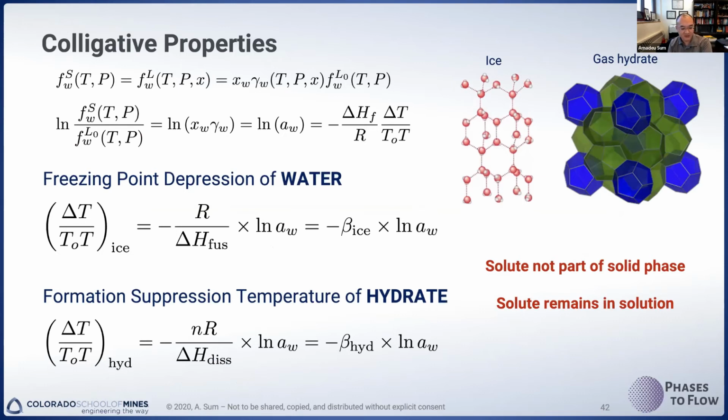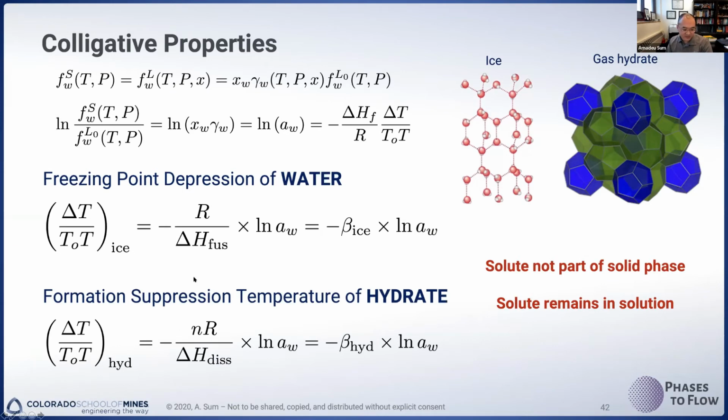This is classical thermodynamics, and this is what we do to account for the freezing point depression of water. And hydrates from this point of view are essentially the same as ice, right? The solute, whether we're talking about an organic or inorganic inhibitor, is not part of the solid phase, right? They remain in solution, so they're only going to impact the water activity.